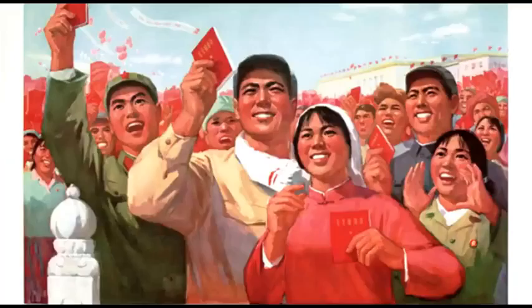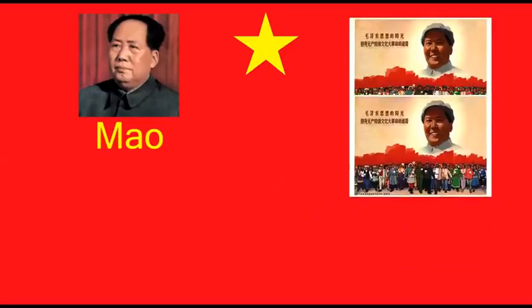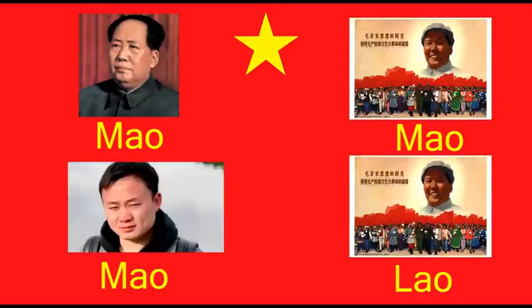Now let's presume you want to make two different people out of this Mao. What would you do? You take the propaganda Mao and you call him Lao. You take the real Mao, but you give him a different face. Now you have Mao and Lao.